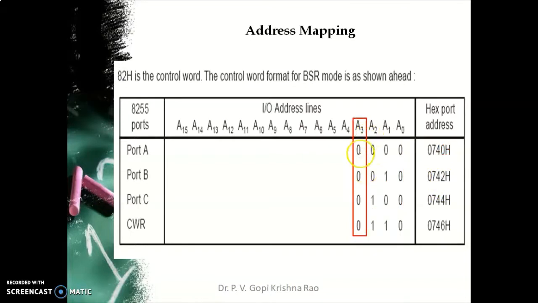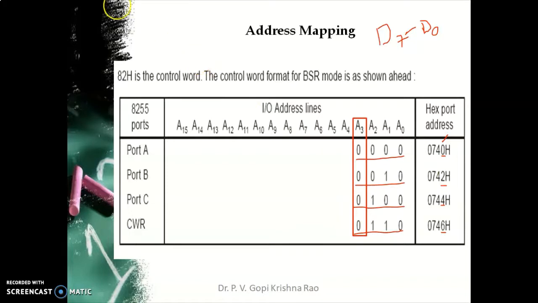To fill that, the A3 bit is made 0 so that you get the even addresses 0, 2, 4, 6, so that the data transfer from the microprocessor will happen on D7 to D0. So now you see that the lower digit is satisfied. This is 0, this is 2, this is 4 and this is 6.